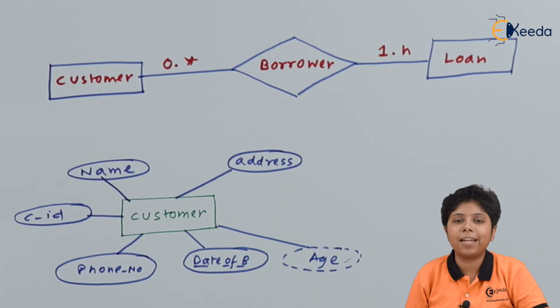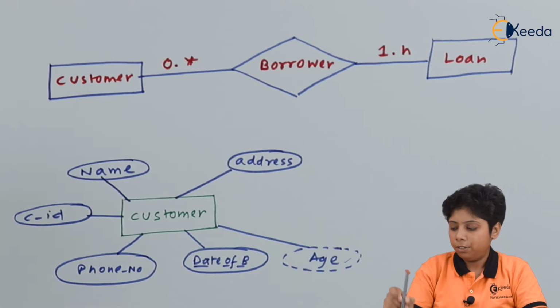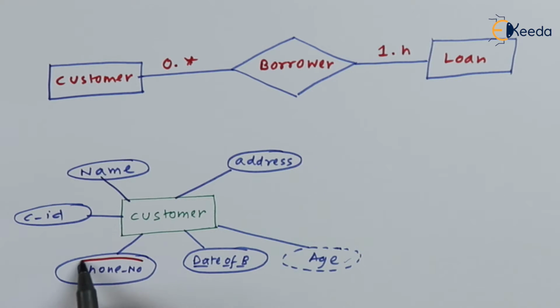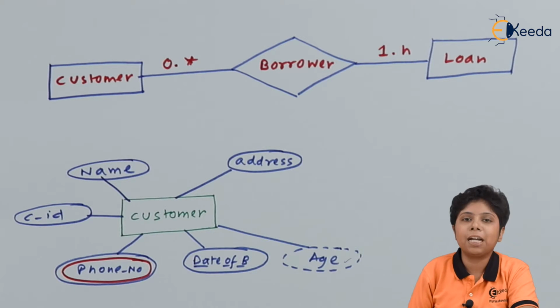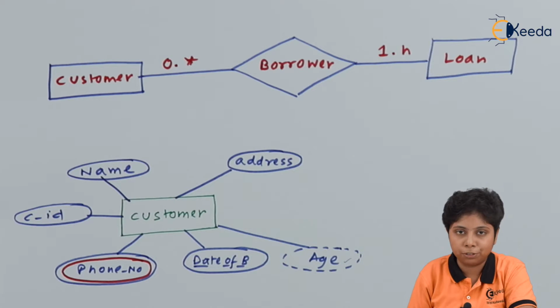So the attribute can have many values attached to this relation. To represent a multi-valued attribute, we should use a double oval. So for the phone number field, we should draw a double oval to signify it as a multi-valued attribute.